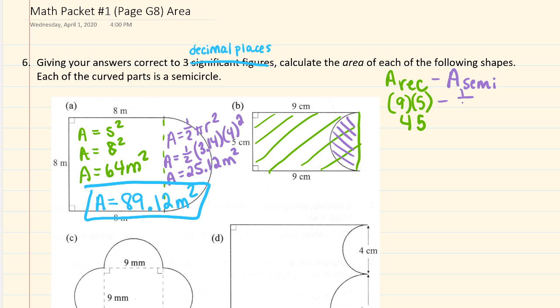Again, it's 1/2 of the circle, so we'll use 1/2 pi r squared. Here, our radius is, let's see, all the way across the circle is 5 centimeters. So halfway across this circle will be half of that, or 2.5. Okay, then we'll just have to type that in and see what we get.